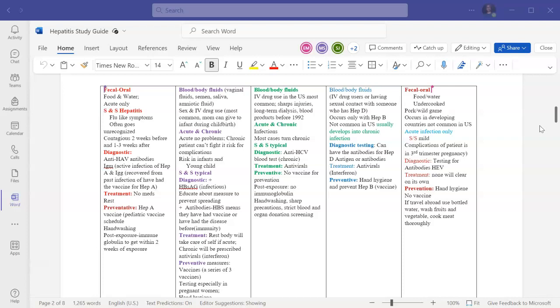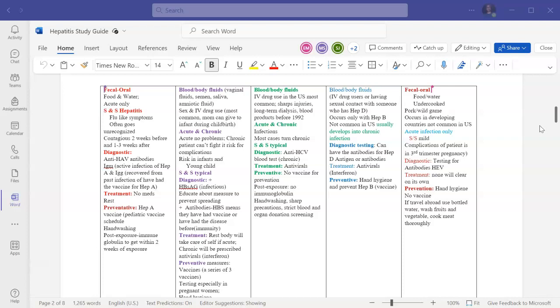Some of them may not have any symptoms, but there's some that do, and again, it's like flu-like symptoms. They may have some GI symptoms like nausea, vomiting, stomach pain, loss of appetite. They may have some fever, feel fatigue.